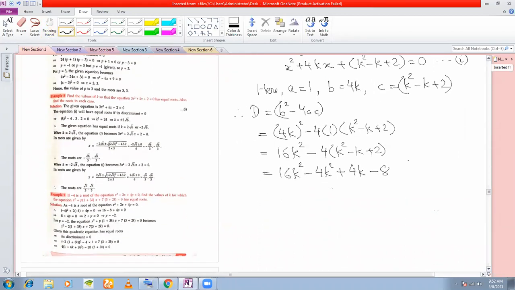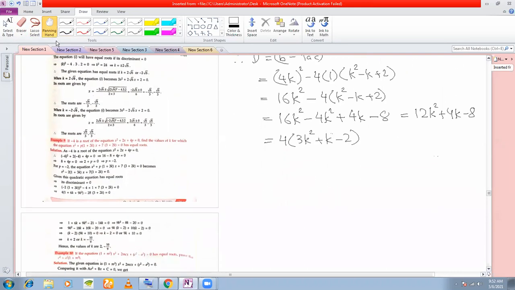So this is 16 minus 4 will give you a 12k square plus 4k minus 8. Now you see, what is the HCF of all the terms? HCF of all the terms is 4. So you can take 4 out. You get 4 times 3k square plus k minus 2. Okay, this is what you're getting as discriminant.